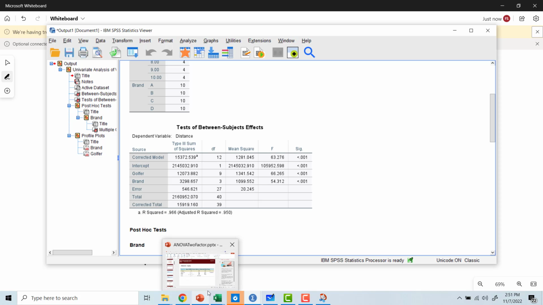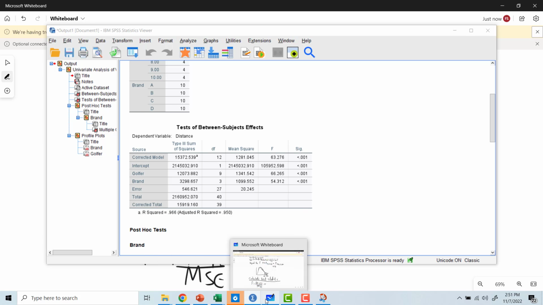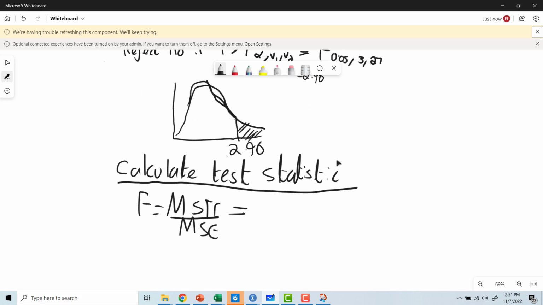If I ask this in a question, I generally ask you to do the ANOVA table. But even if I gave you the SPSS output, you'd want to do this at a minimum.